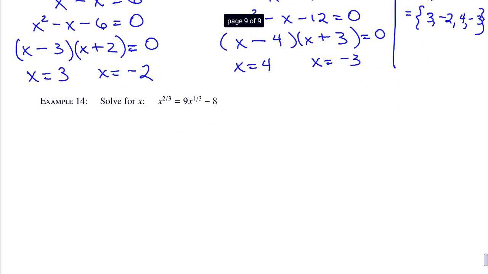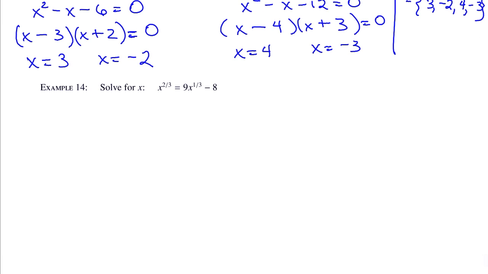In example 14, we have solve for x. X to the 2/3 power is equal to 9 times x to the 1/3 power minus 8. So we have, again, x to the 1/3, and then x to the 2/3 can be written as x to the 1/3 squared.